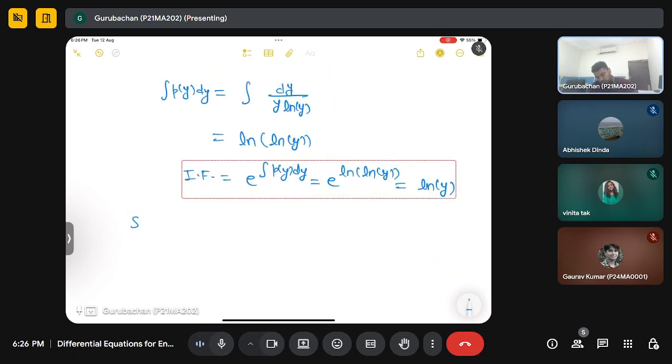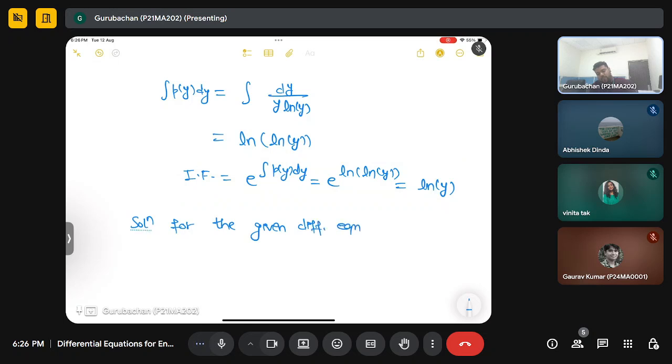So the solution for the given differential equation is x into this integrating factor equals the integral of Q(y) times the integrating factor.